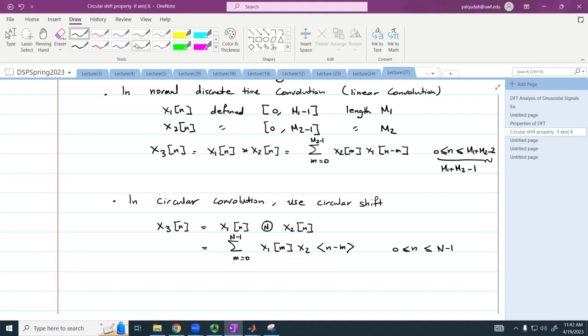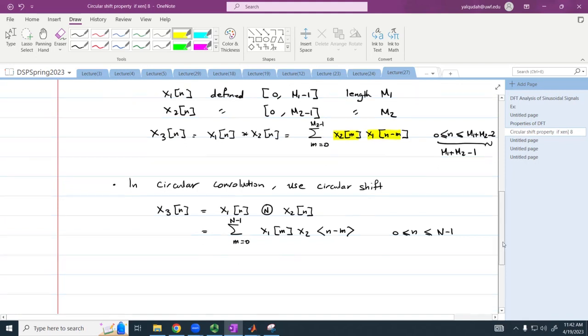Again, here we're keeping x2 and shifting x1. So if there is overlap, we have values. If there is no overlap, the terms are going to be 0. So the only place we're going to have an overlap is between 0 and M2 minus 1, which is where x2 is defined.